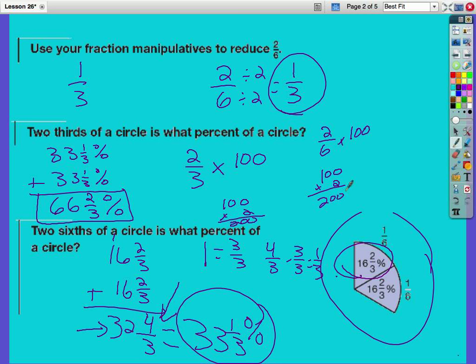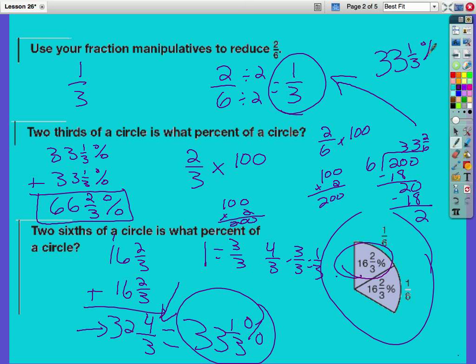Get 200. 200 divided by 6 is in there 33 times. My remainder is 2. I'm going to put 33 and 2/6. I need to reduce that, and I did that up here. So my answer is going to be 33 1/3%.